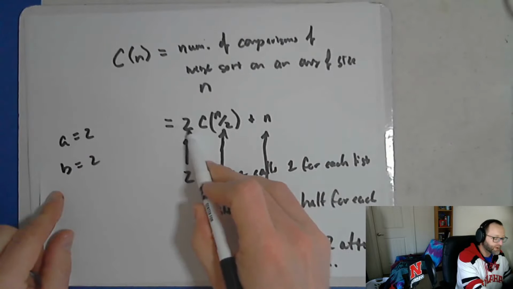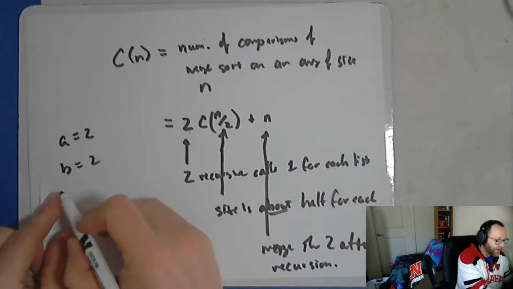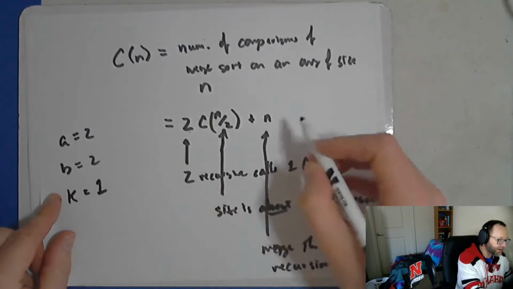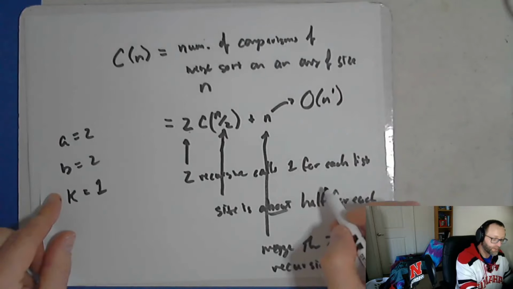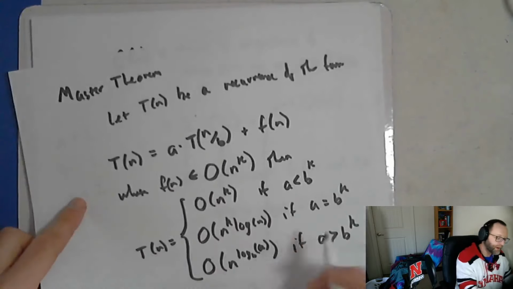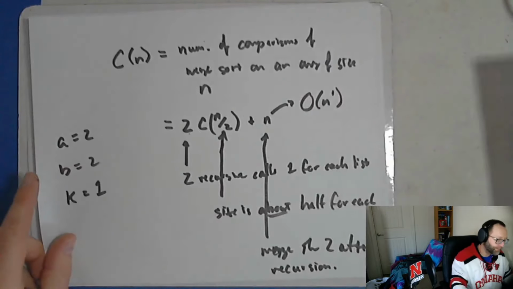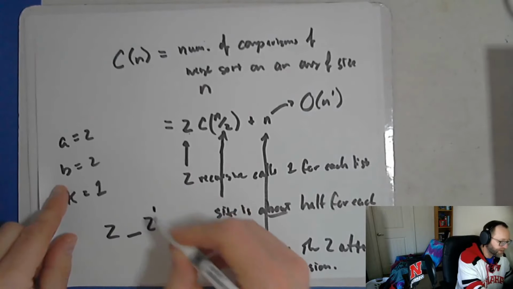Remember, 2 recursive calls, each on half as big. And then, in this case, k is going to be 1 because this is order n to the first. Okay? What is the relationship between a versus b to the k? 2 versus b to the k here is 2 to the 1.